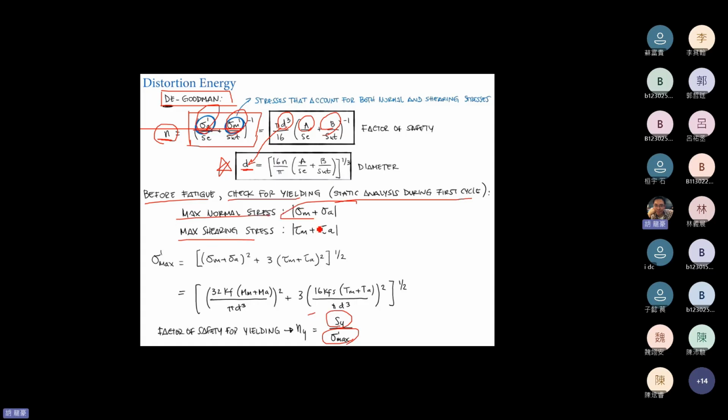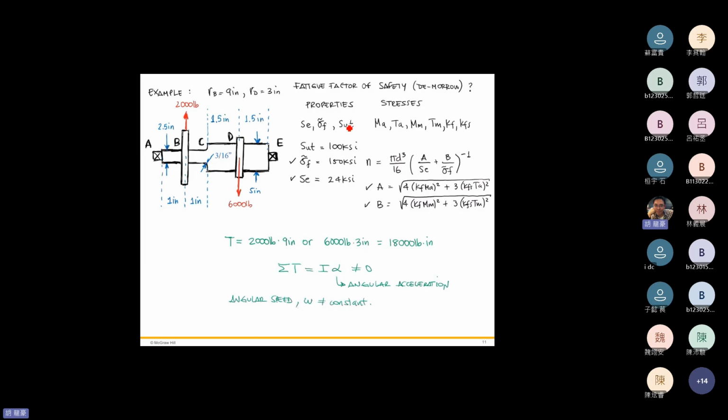We plug these two stresses in, using the maximum von Mises stress, and therefore we can get sigma max prime. Therefore, before fatigue, we have to confirm that the safety factor is okay with n y. Okay, so let's have this example.